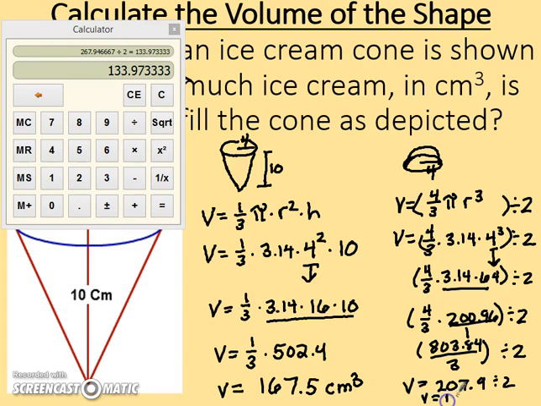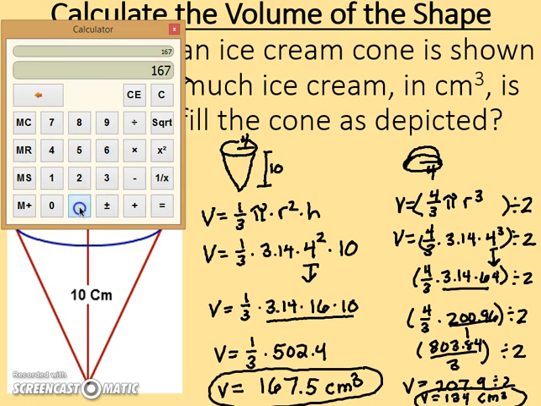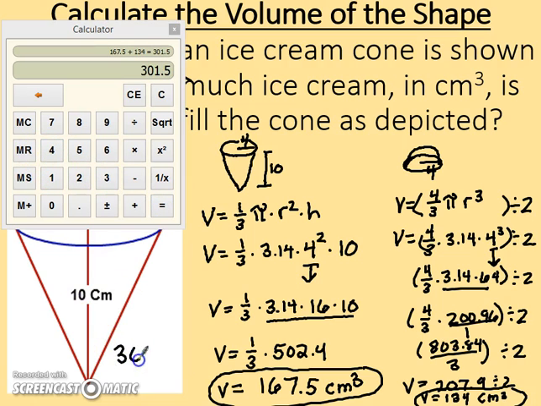So I get 134, because if I round to the tenths, it's going to round up, cubic centimeters. So to figure out the volume in all, I'll have to add the volume of the cone and the volume of the half sphere together. So I have 167.5 plus 134 equals 301.5 cubic centimeters of ice cream.